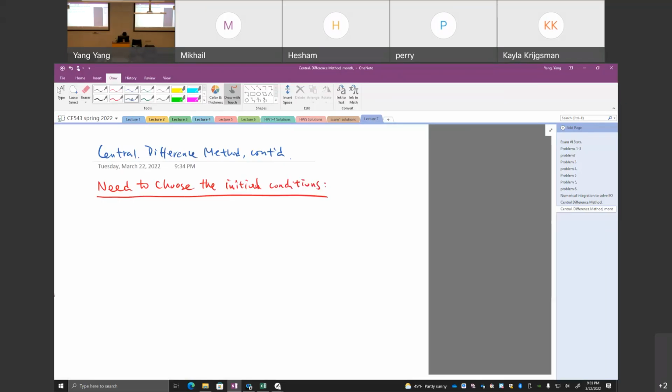For example, the initial velocity of the system is equal to u1 minus u minus 1 over 2 delta t.